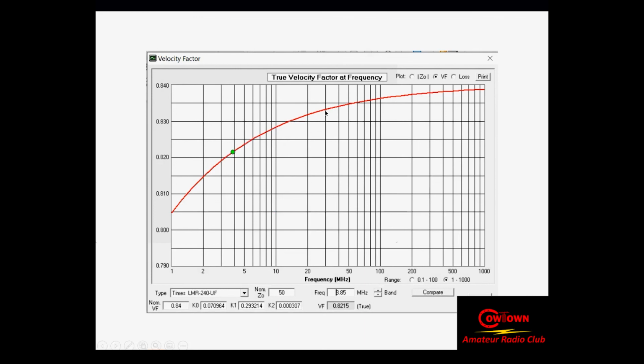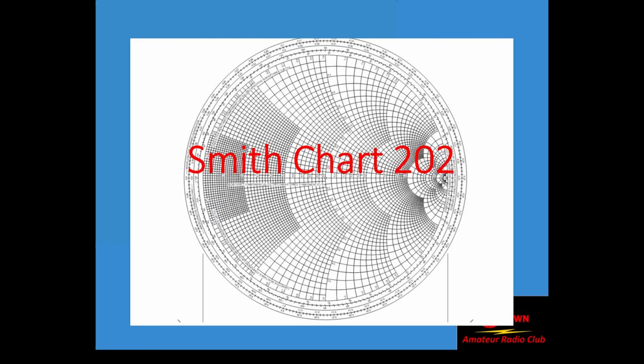At 30 megahertz, it's 0.833. That can be different. It's important to know what this is if you're going to use the chart. It's important to get this as accurately as you can if you're going to use a Smith chart to design the stub for correcting your SWR.